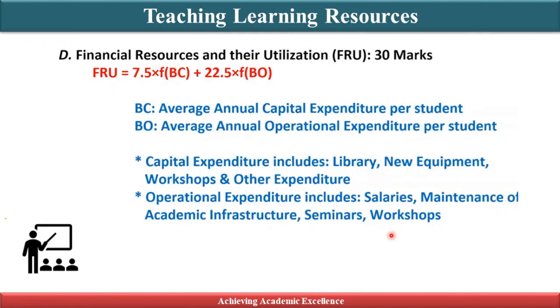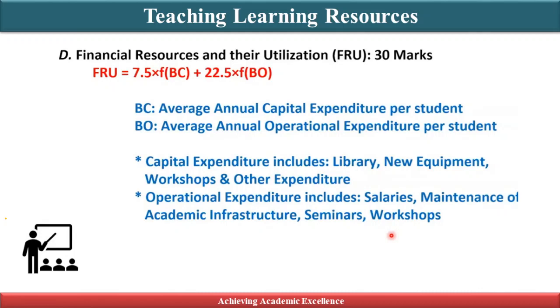So these are the main heads, because 22.5 marks are given to operational expenditure. Operational expenditure plus capital expenditure is total expenditure. Total expenditure divided by total number of students will give you the expenditure per student.